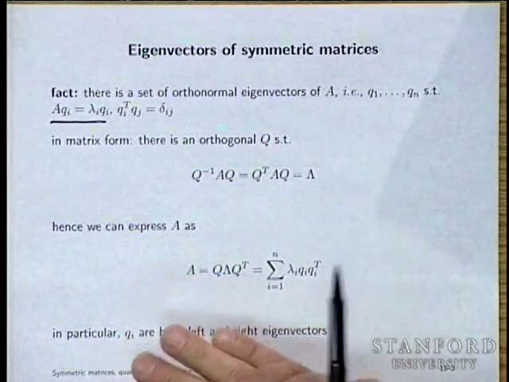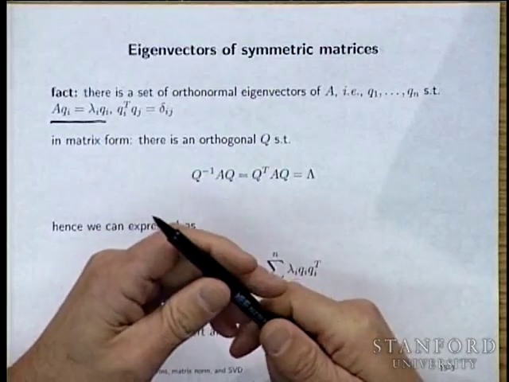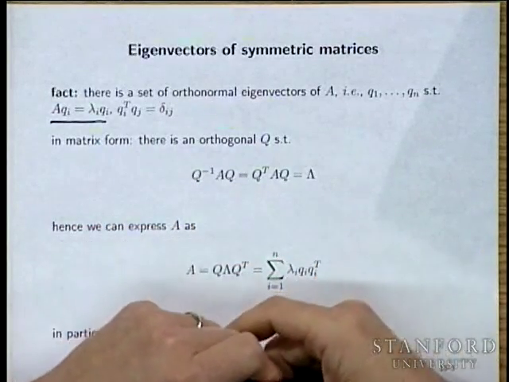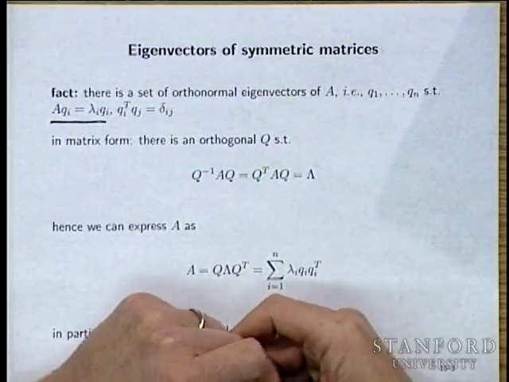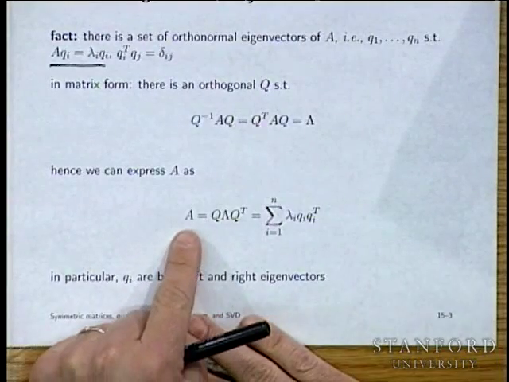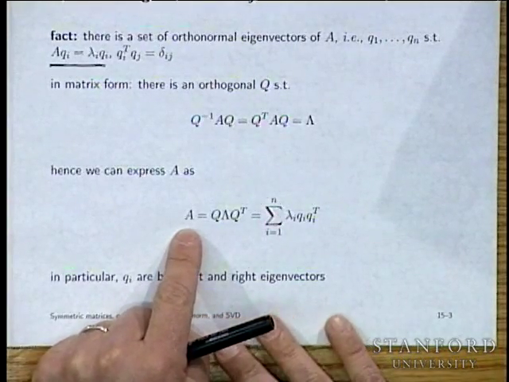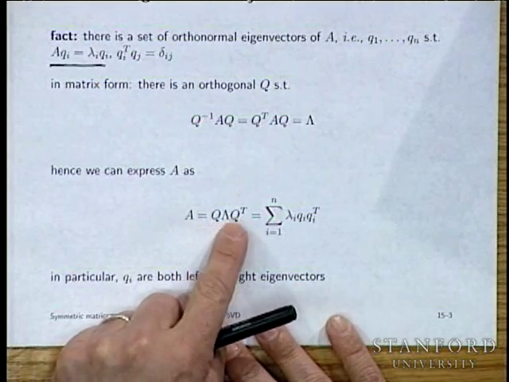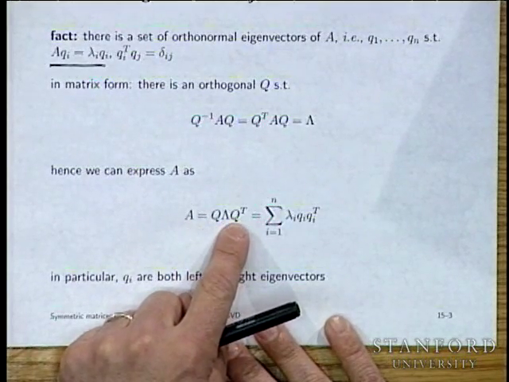So another way to say it is you can diagonalize A with an orthogonal matrix, if A is symmetric. That's the condition.